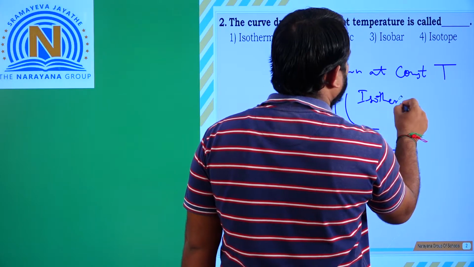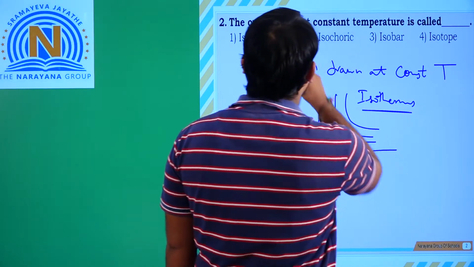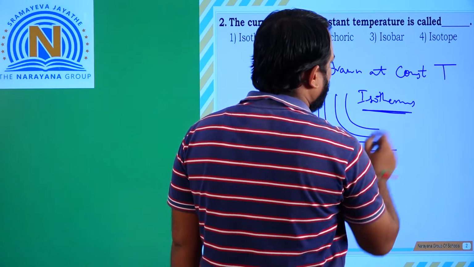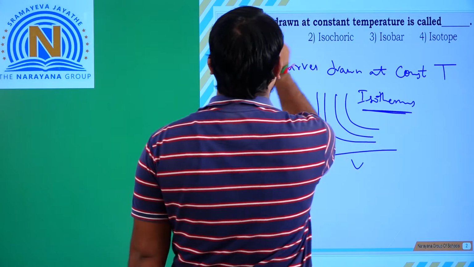The curves drawn at constant temperature are called isotherms. So which option? First option.